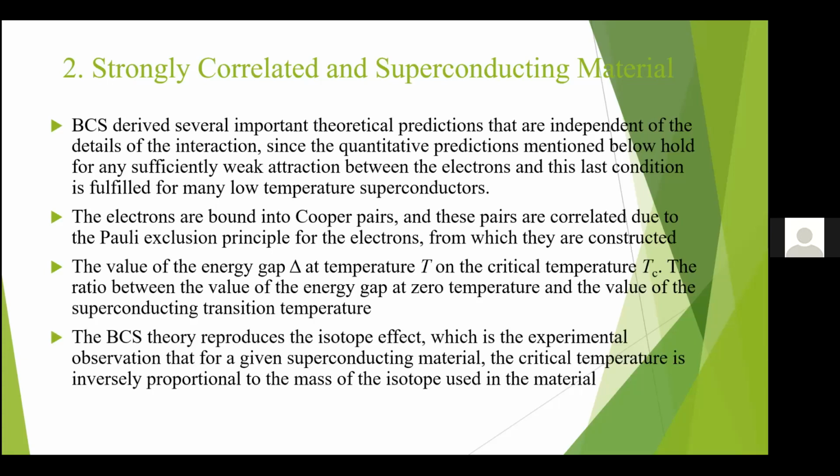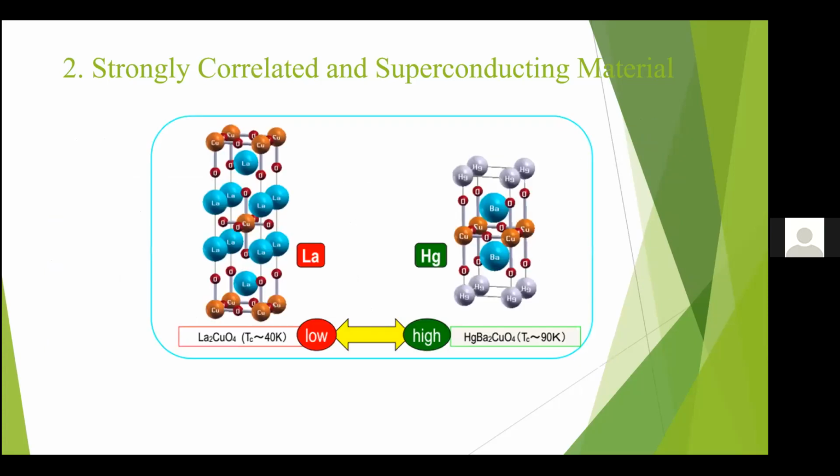Finally, the BCS theory reproduced the isotope effect, which is the experimental observation that for a given superconducting material, the critical temperature is inversely proportional to the mass of the isotope in the material.